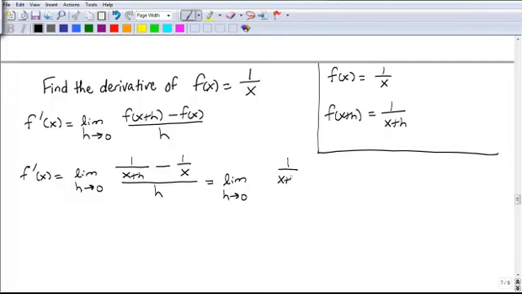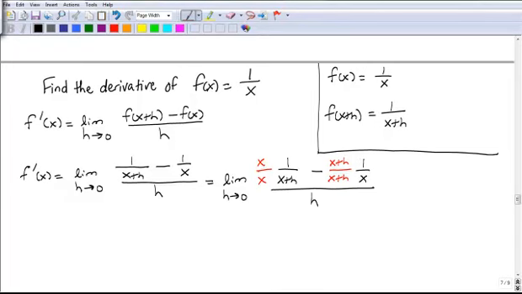So I'm going to rewrite this so I can have a common denominator for these fractions. I need an x in the bottom of the first one, and I have to put the x on top to make the number 1 that I'm multiplying by. I need an x plus h in the bottom of the second denominator, and so I'll need an x plus h on top so that I make the number 1 that I'm multiplying by.